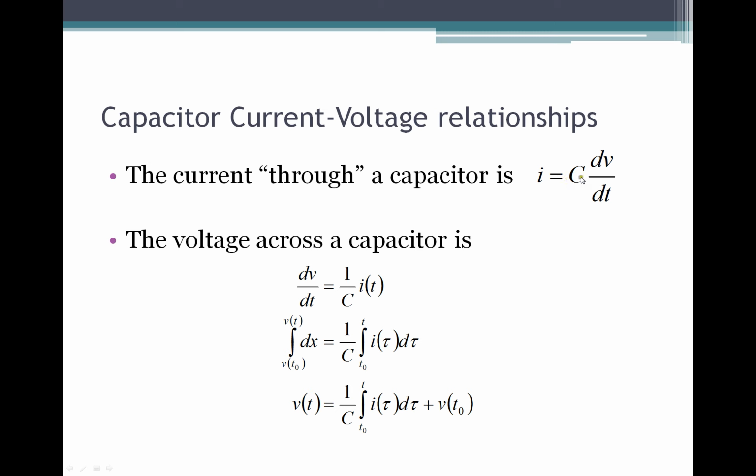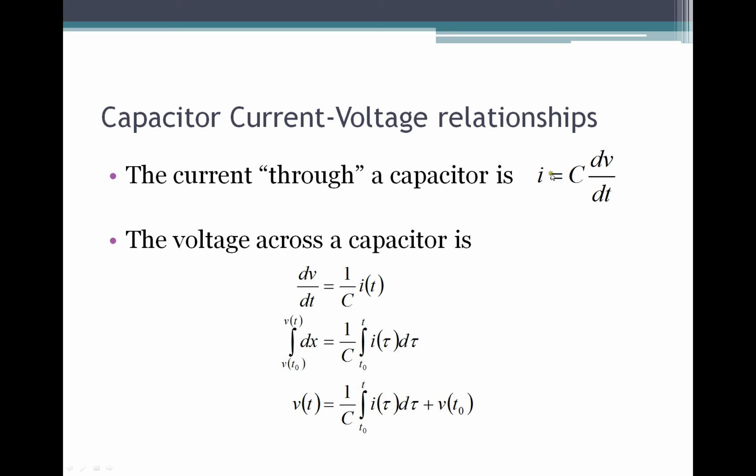We see that the current is proportional to the capacitance times the rate of change of the potential across the capacitor. Now this is a separable differential equation, and we can separate these variables and integrate, and we can also come up with a relationship for how the voltage across the capacitor changes depending upon the current through the capacitive element through integration.